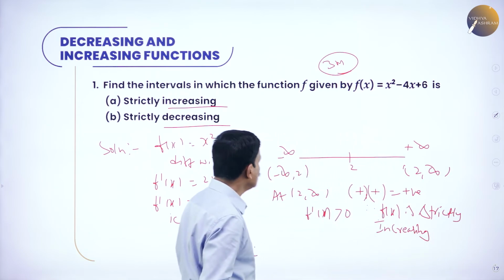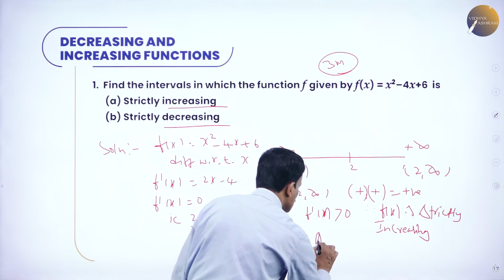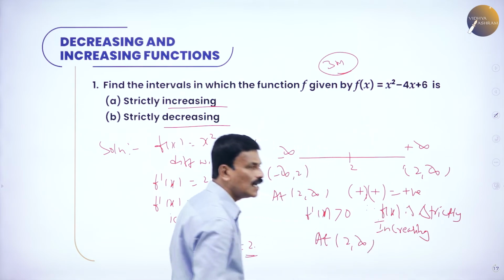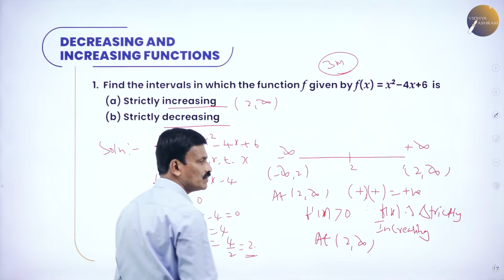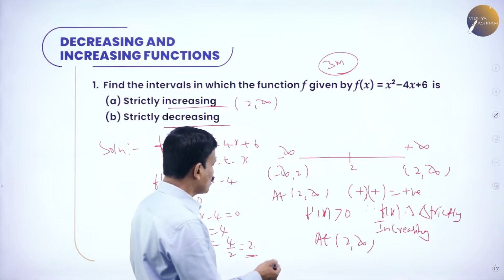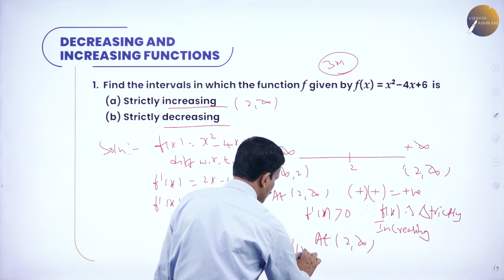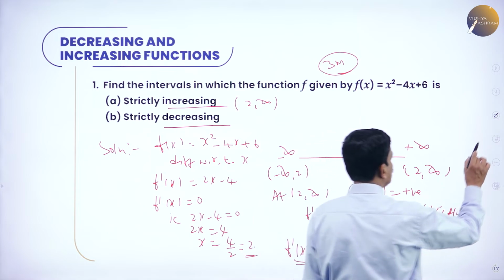So the function is strictly increasing at 2 comma infinity, because f dash of x is greater than 0. Now let us come to the next point.